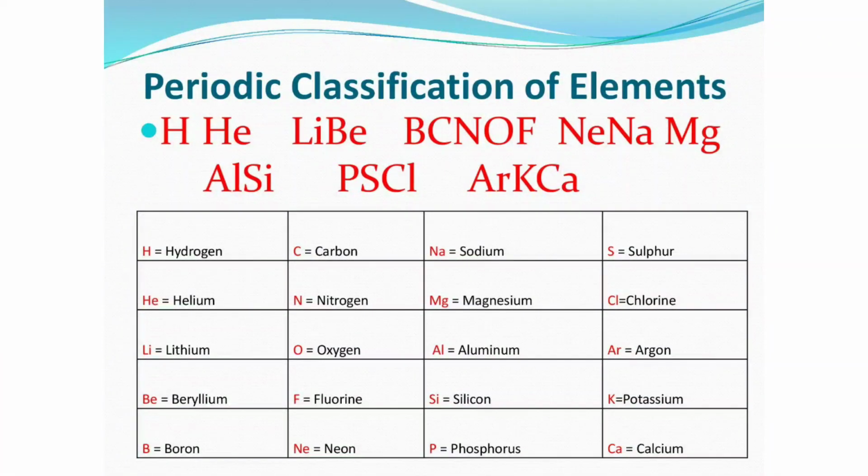These are the first 20 elements in the modern periodic table. So the mnemonic is He, Liebe, Becknoff, Nina, Meg, Alcy, Pascal and Arca.